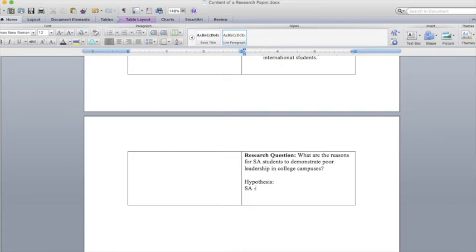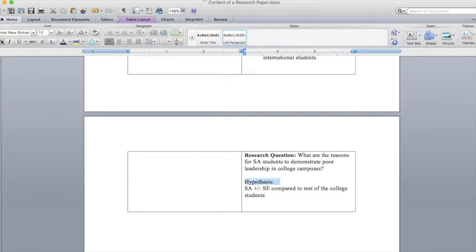So I am basically saying that these guys have, let's say plus or minus, okay, let's say they have more or less self-efficacy compared to the rest of the college students, right? So this is something that I am interested in finding, right?